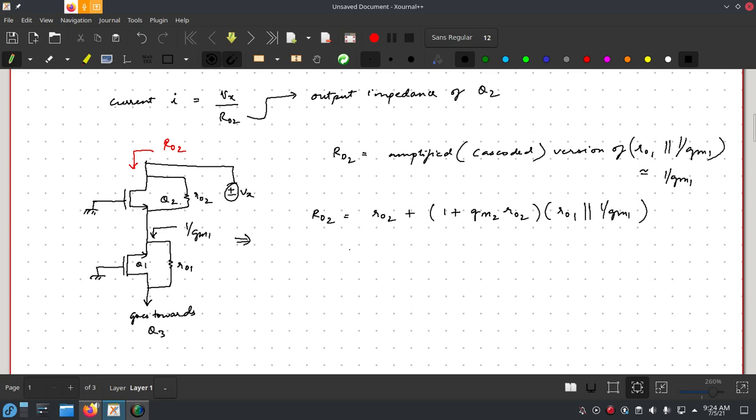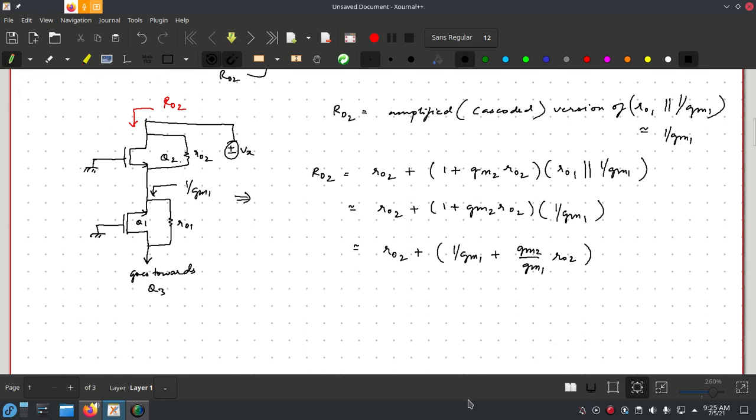But here, I will write it as 1 plus GM2 r02 into 1 by GM, because R01 is a very large value compared to 1 by GM. So multiplying it out: r02 plus 1 by GM1 plus GM2 by GM1 into r02.